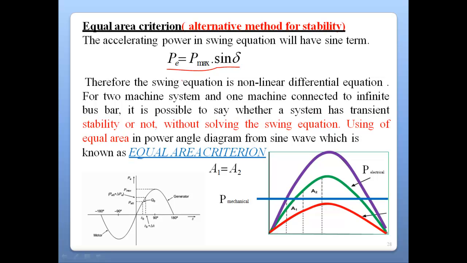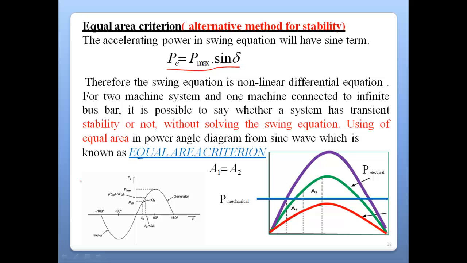Therefore the swing equation is a non-linear differential equation. We have already derived it in the previous lecture. Now consider a two machine system, where one machine is connected to the infinite bus bar. Then it is possible to say whether a system is transient stable or not without solving the swing equation, just by observing the equal area criteria.